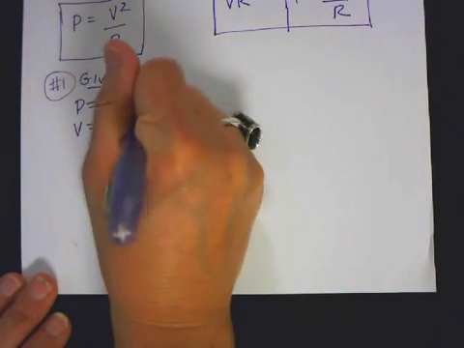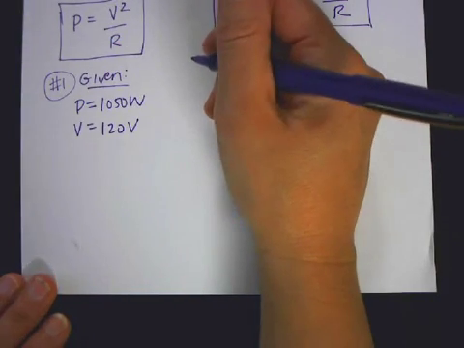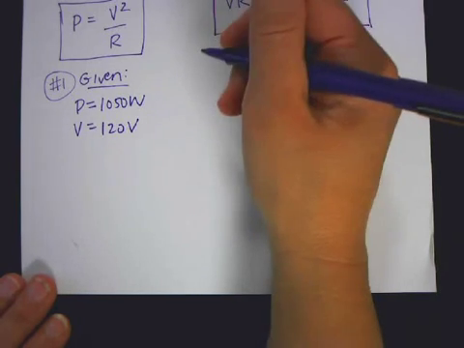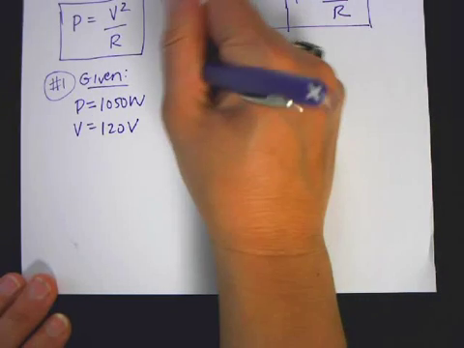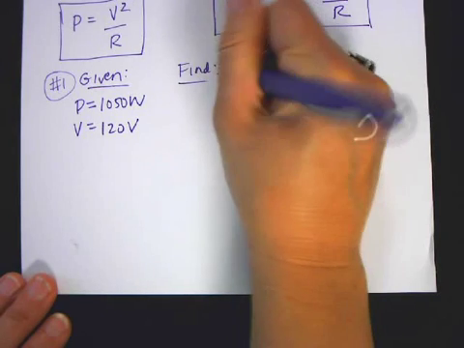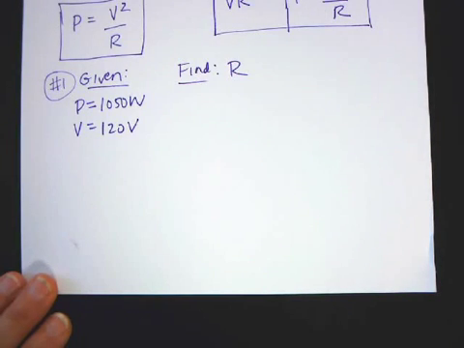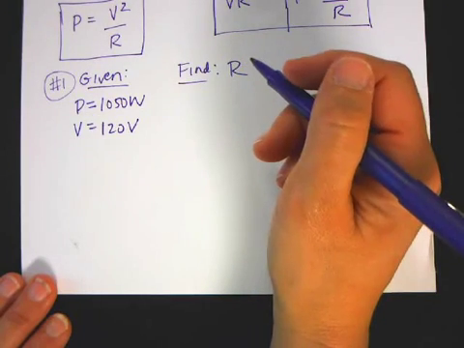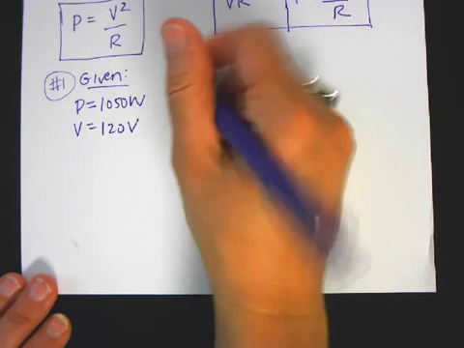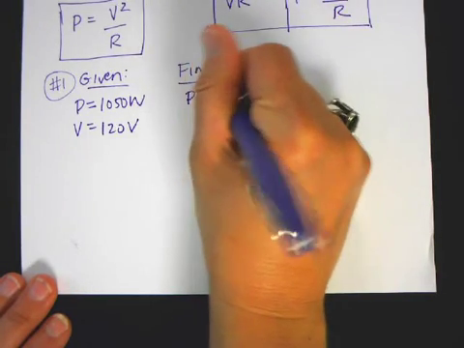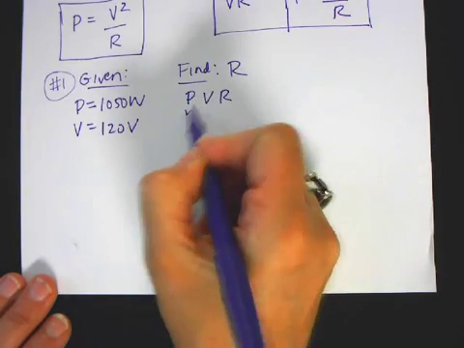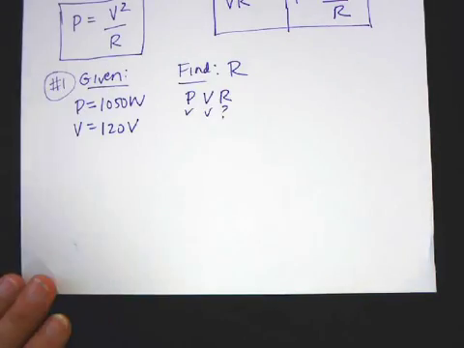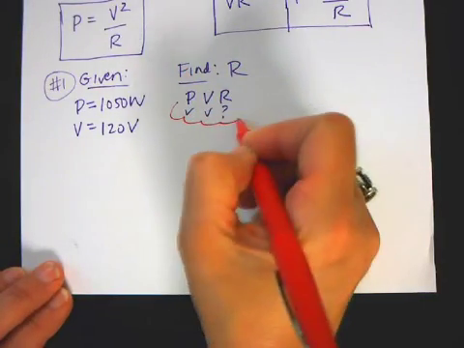And it asks, what is the resistance of the wire that makes up the heating element of the toaster? So I want to find R. I want an equation that has P, V, and R in it, because I have P, I have V, and I want to find R. So I want an equation that has those 3 variables.